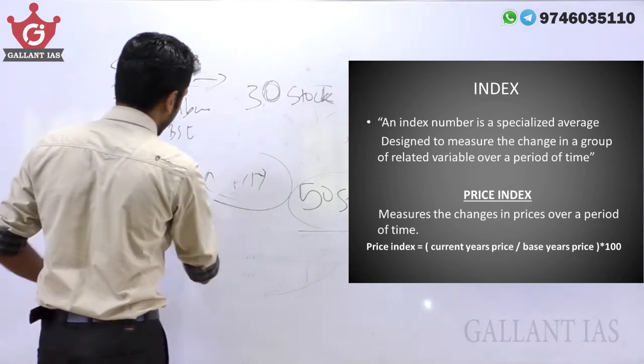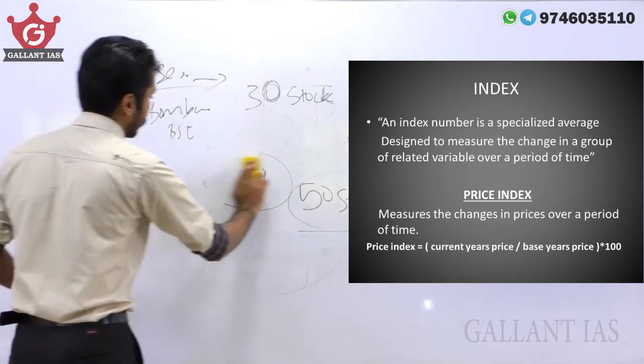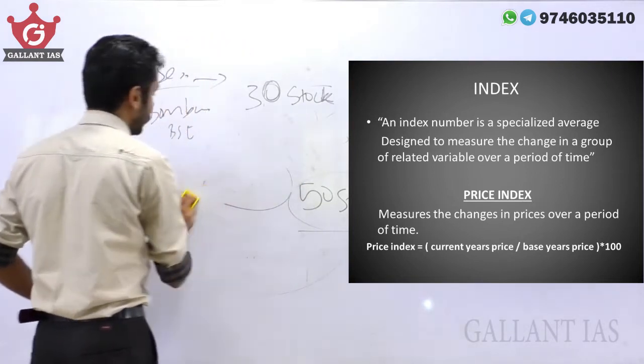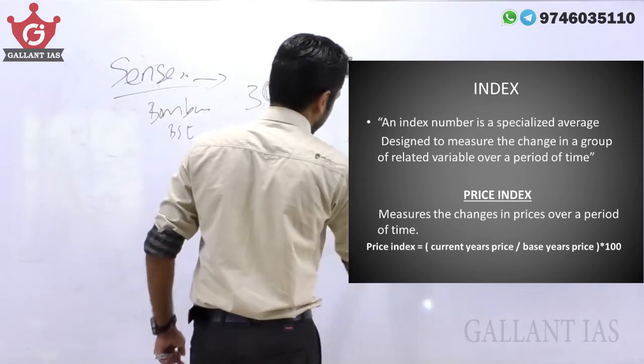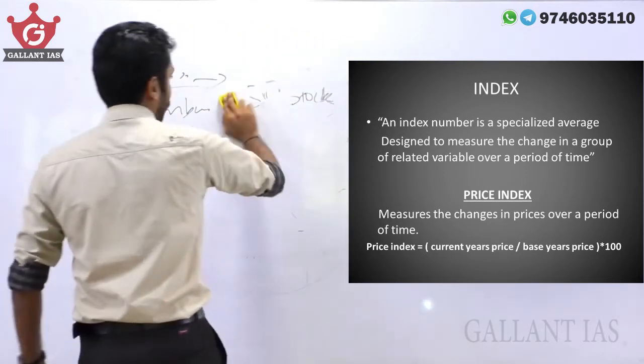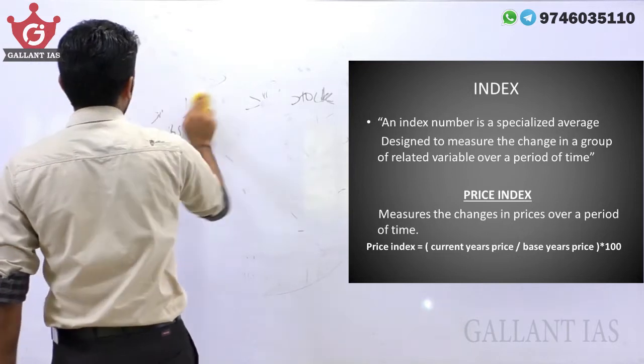So indexes are prepared for different purposes. In today's class, we are going to discuss price indexes to calculate inflation and production indexes. First, the price index. How do we find a price index?